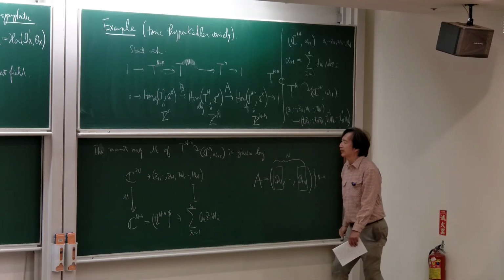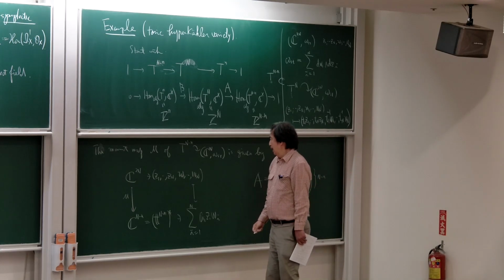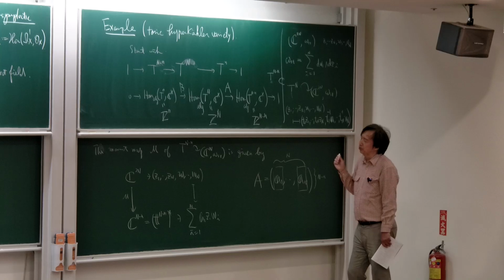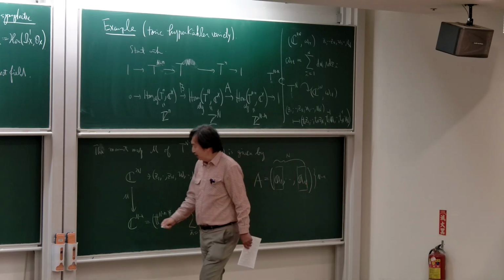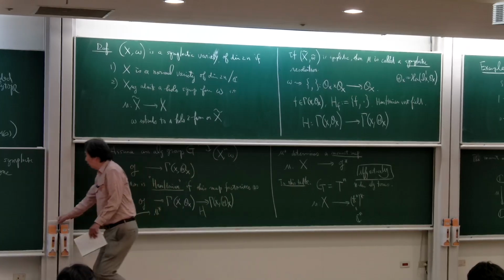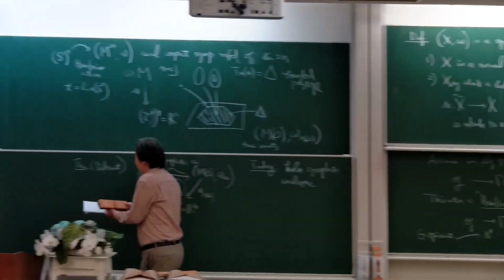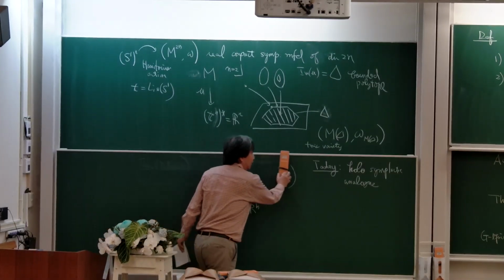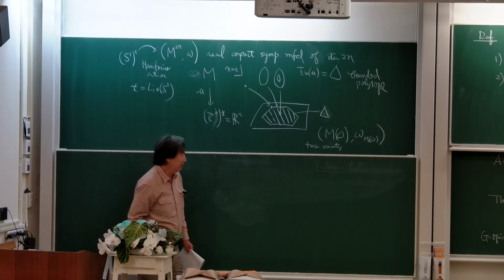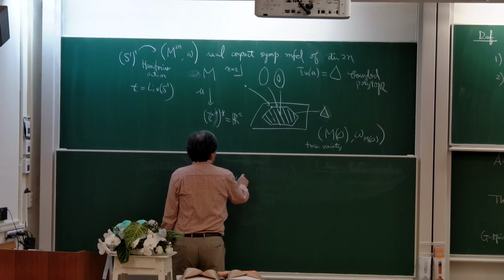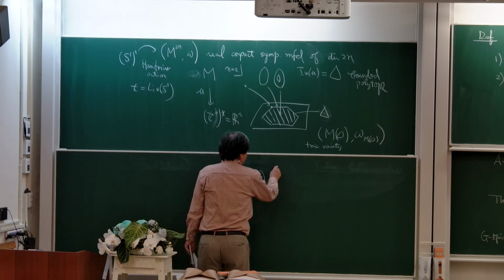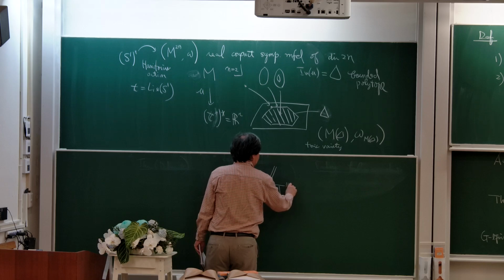Now, here you have a symplectic form, but you can produce a new symplectic variety by using symplectic reduction. By using symplectic reduction, you can take the null fiber and mod out by T^(N-n).